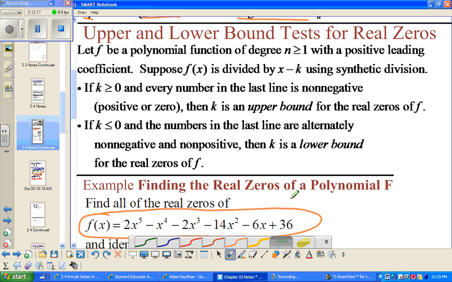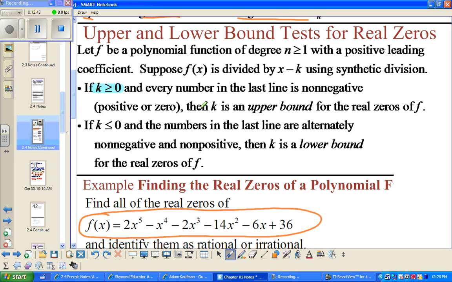If you want to be sure that there's no real zeros outside of the window that you can see on your screen, you can pick some value k that's greater than 0, to the right of any zeros you see, and use that value for k in your synthetic division.